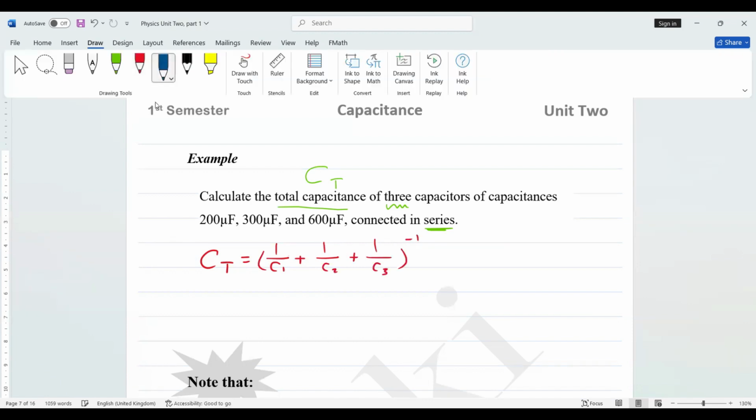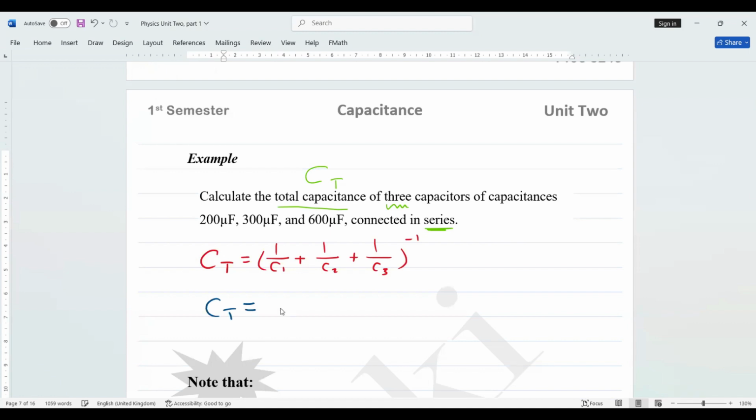It's like parallel resistors. Then C total equals, don't convert to farad, because we just need the total capacitance. So it's 1 over 200 plus 1 over 300 plus 1 over 600 all to the power negative 1.